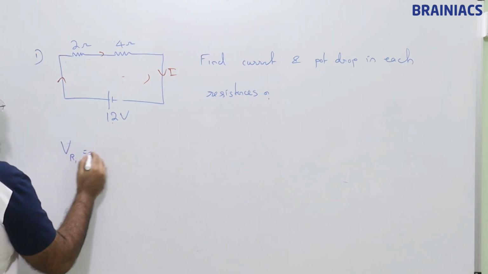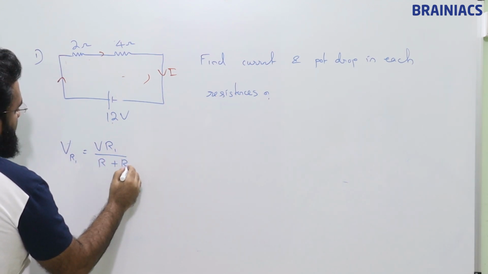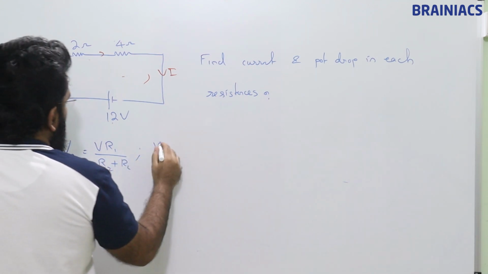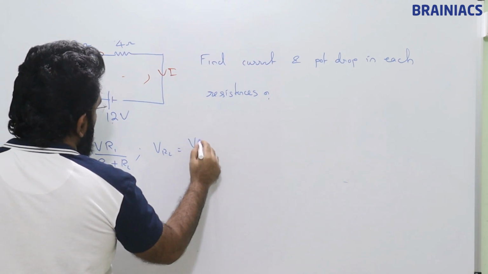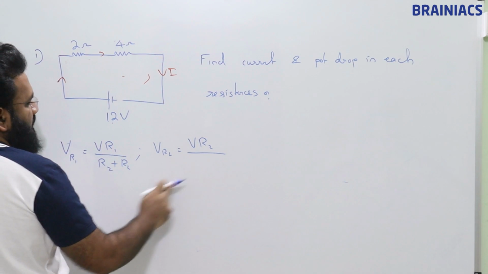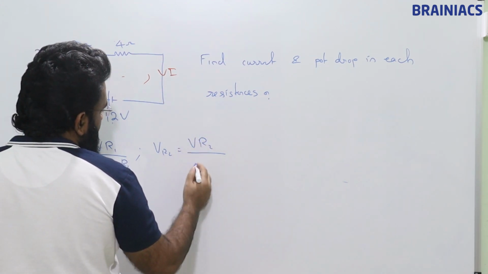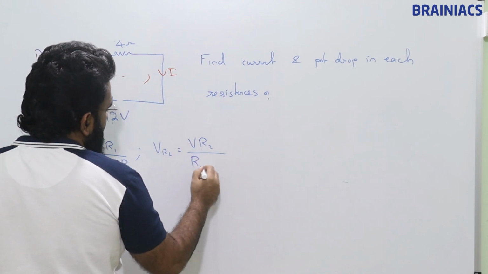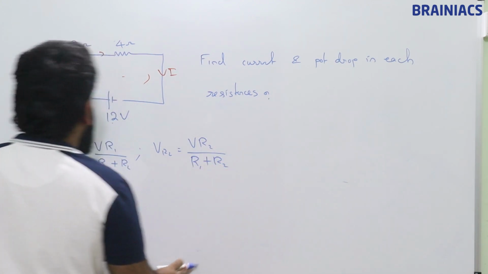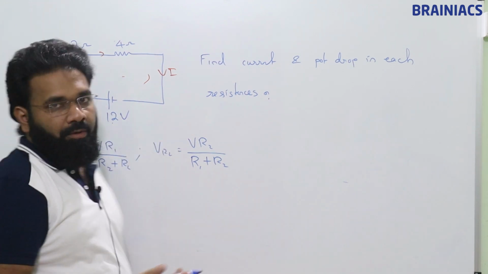V across R1 is equal to V into R1 divided by R1 plus R2. VR2, the voltage across R2, is nothing but the common potential difference into the resistance divided by total resistance. So apply this. I am writing this formula just for your convenience.